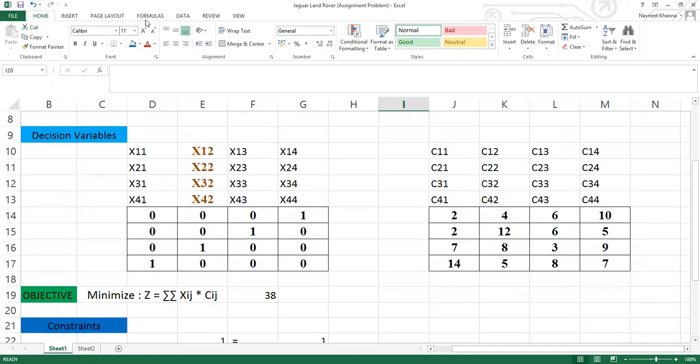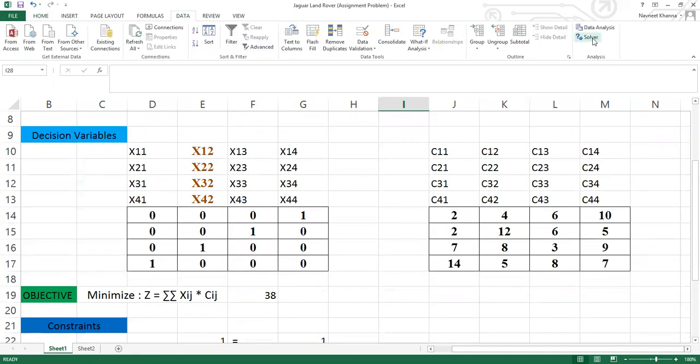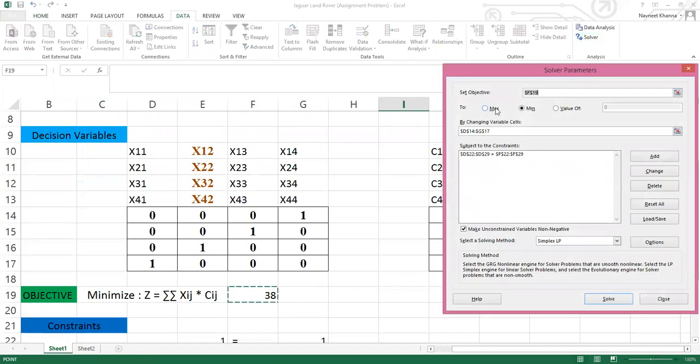So we'll go to Data. We have Solver over here. Click on it. Now we need to set the objective. The objective is this particular cell, so I have selected this.